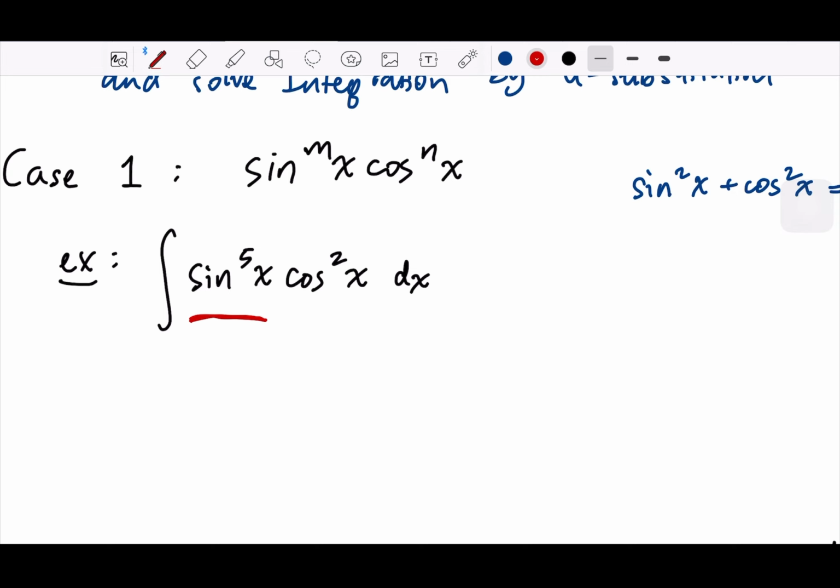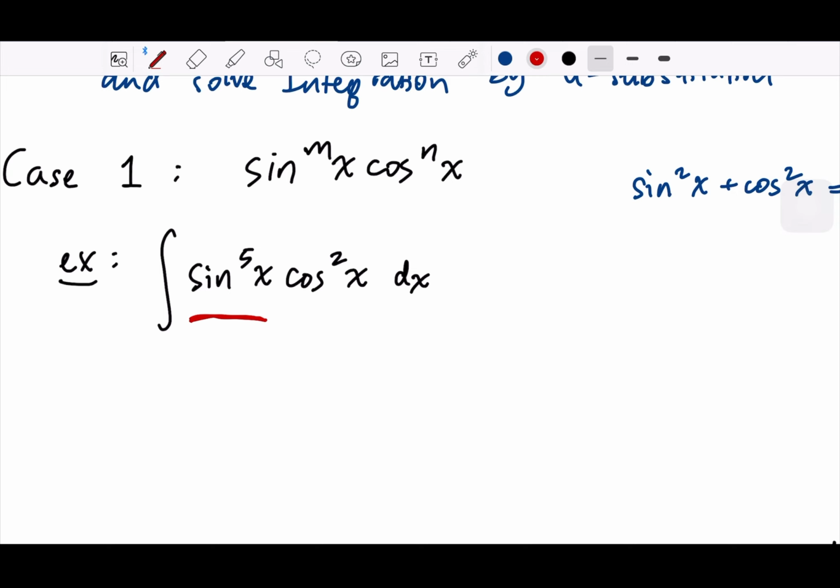The basic identity has squared, squared. But now we have, this is even, this is odd. So the idea is maybe this sine with power of 5, we can split. It becomes sine with power of 4 and sine. And sine with power of 4, we can think of as sine squared, squared.